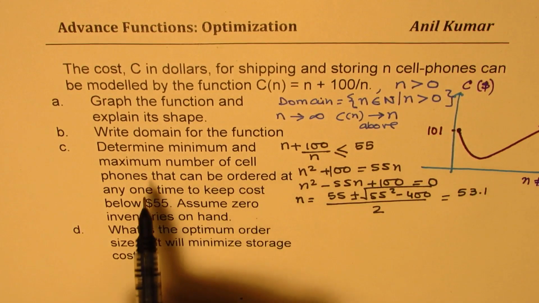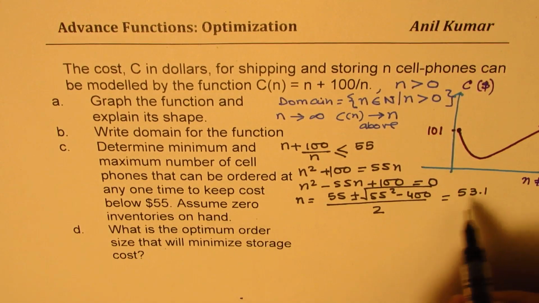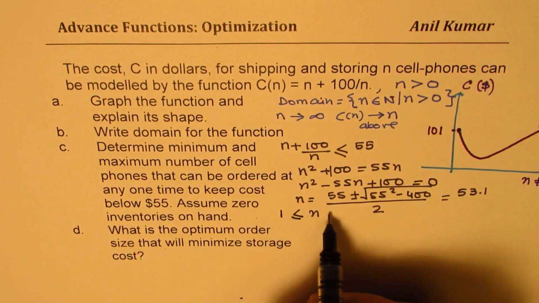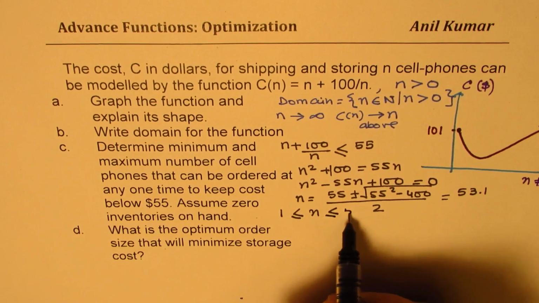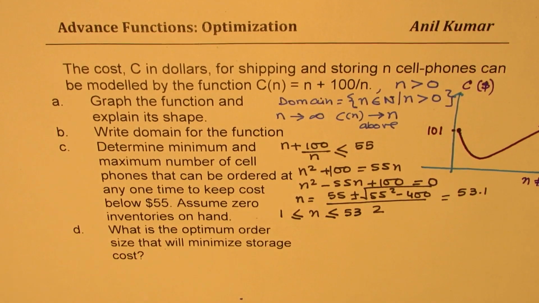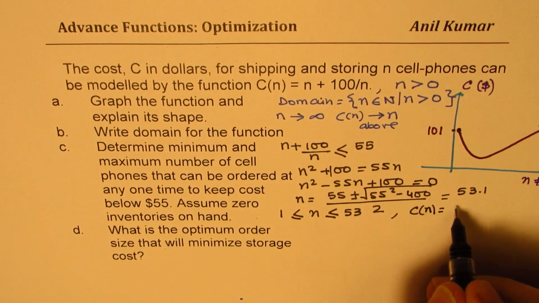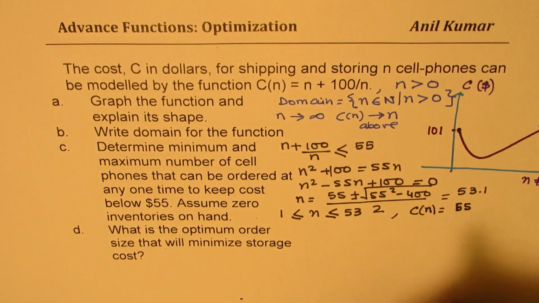So that means for this cost, the value of n will be greater than or equal to 1 and less than or equal to 53, when we are assuming the maximum cost as $55.